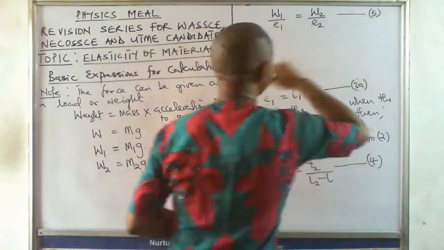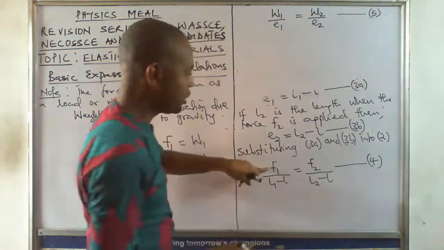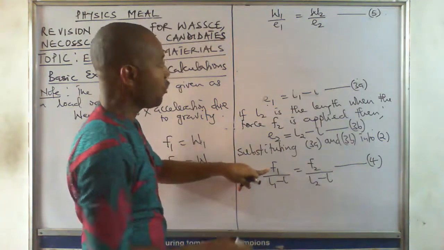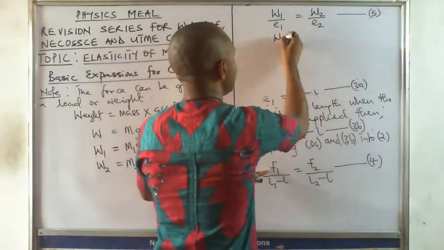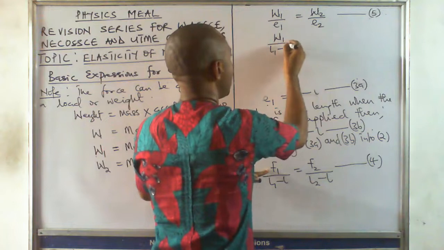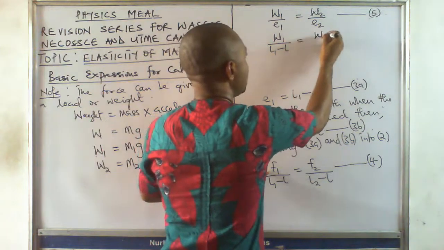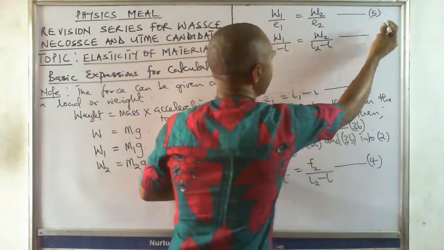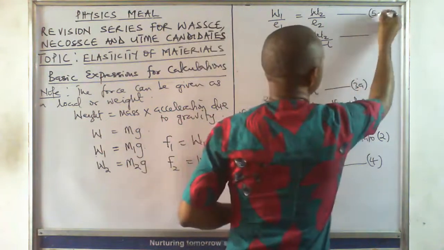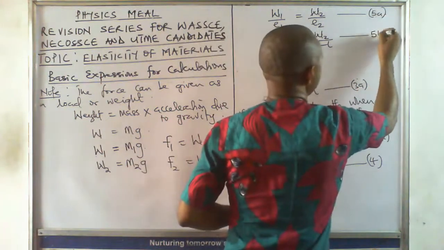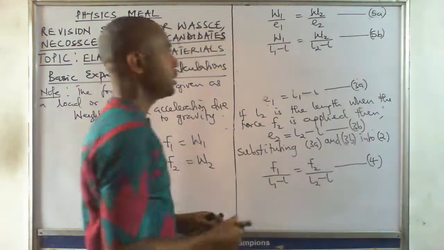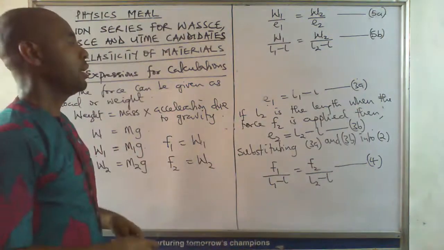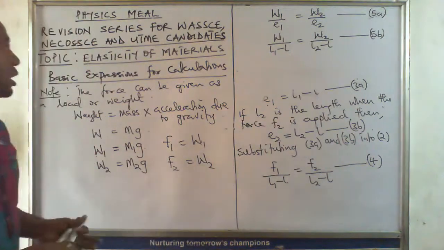I can still bring it to equation 4, so I can write it as W1 over L1 minus L equals W2 over L2 minus L. Call this equation 5A, this one 5B. They are similar if weights are used.